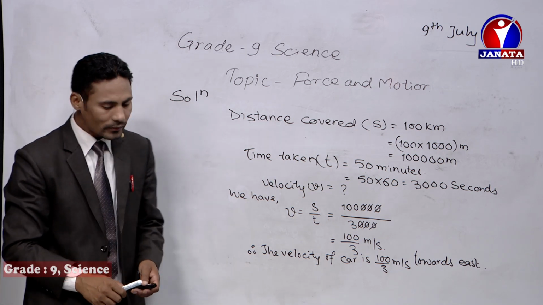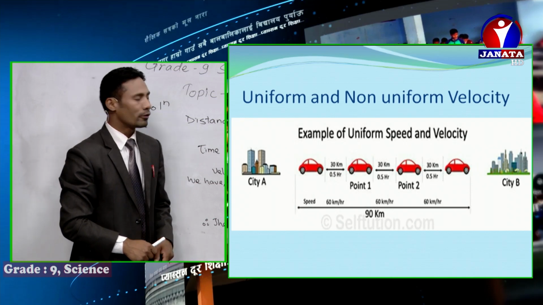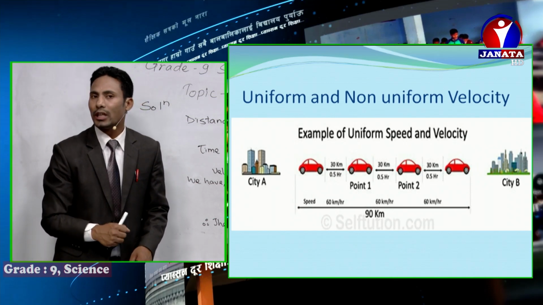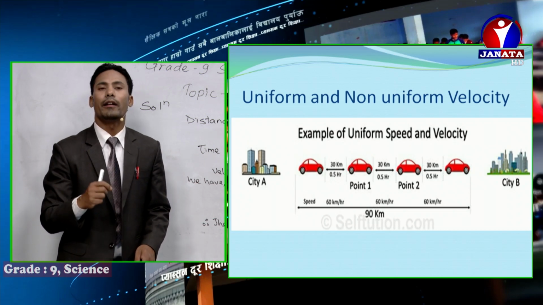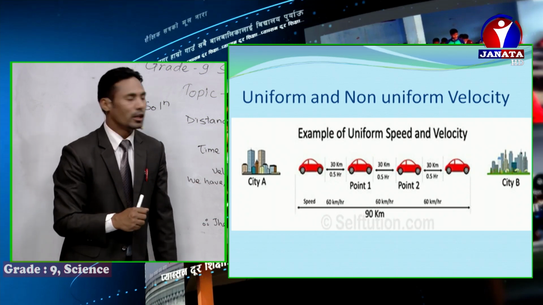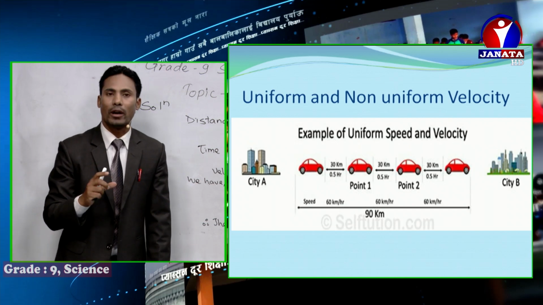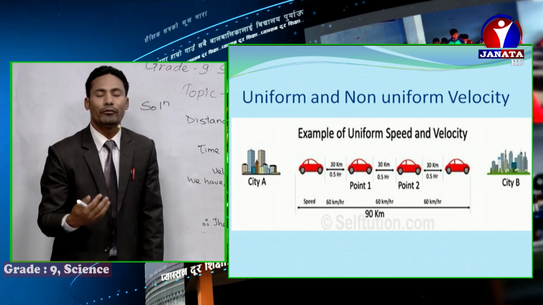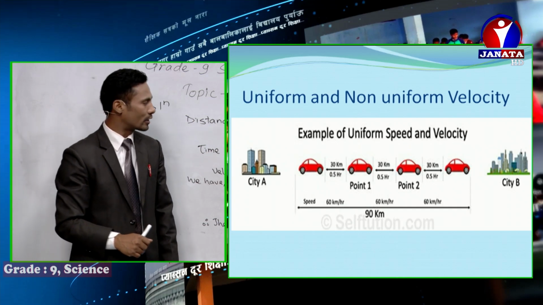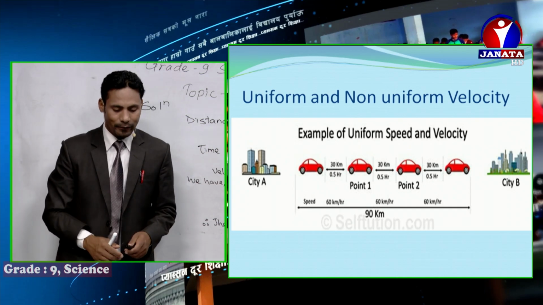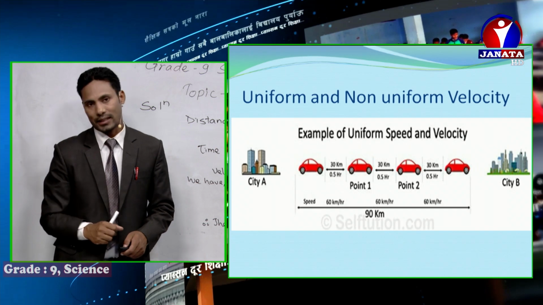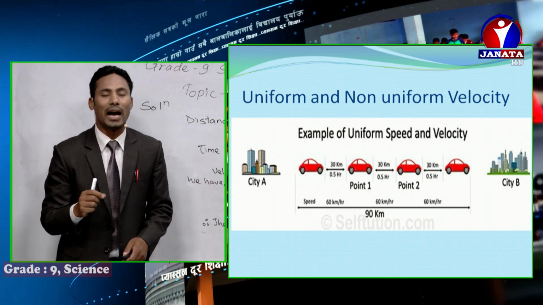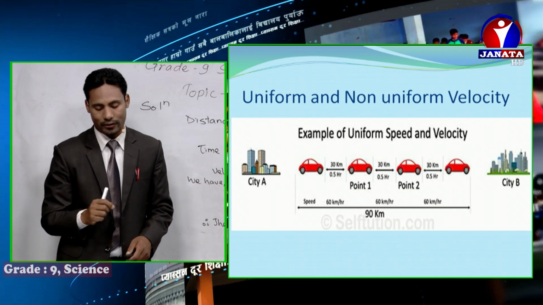Okay, so this velocity, there are two types of velocity. One is called the uniform velocity, and next is called the non-uniform velocity. You can see on the screen there is a picture to explain the uniform velocity. In the picture you can see the 30 kilometer distance is covered by the car within 0.5 hour, that is half hour, right?